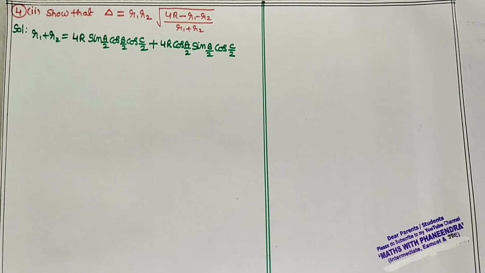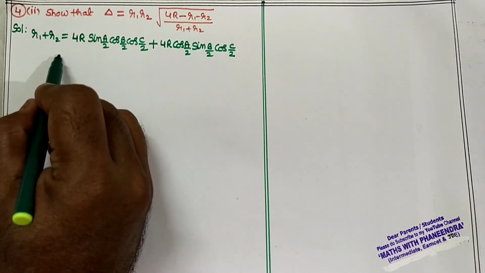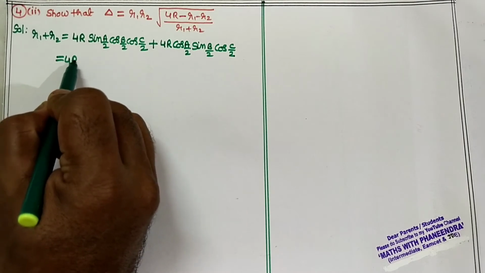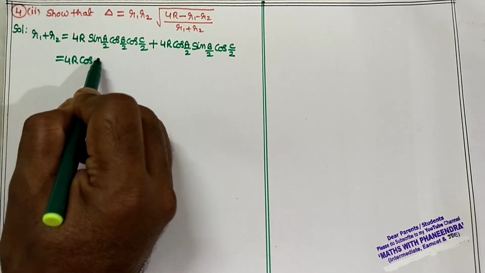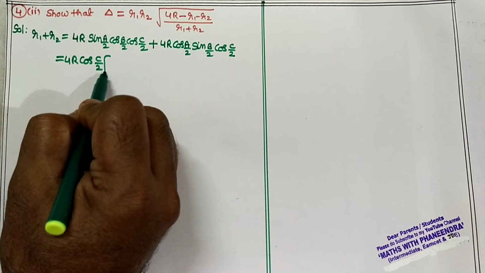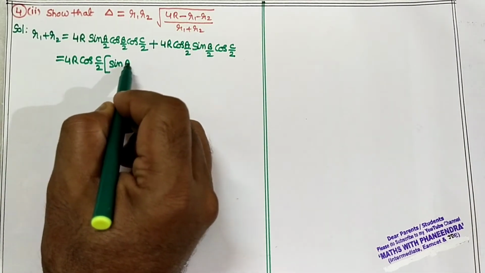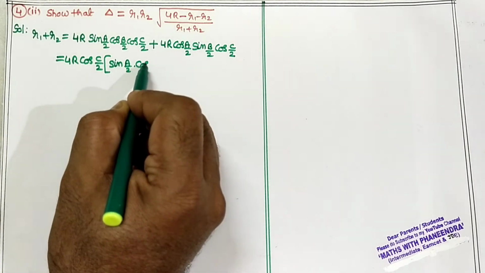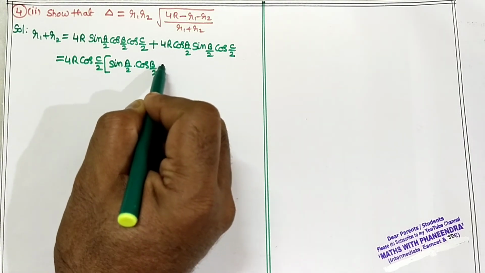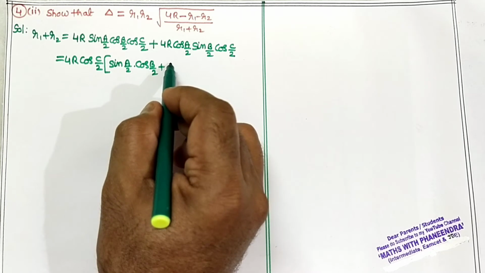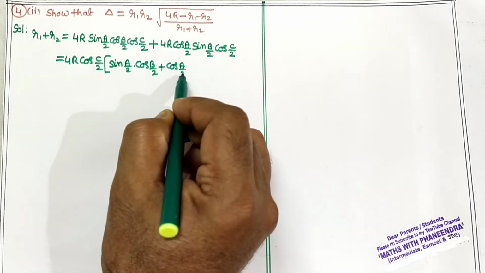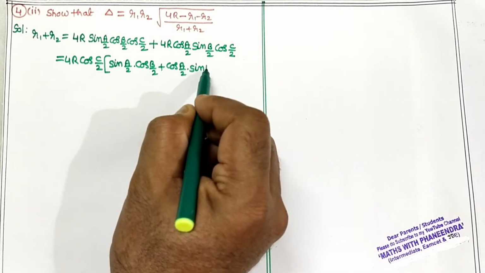So after that, what will we take common? 4 into capital R into cos C by 2 take common. So 4R into cos C by 2 if we take out common, the rest of the terms are sin A by 2, cos B by 2 plus cos A by 2 into sin B by 2.